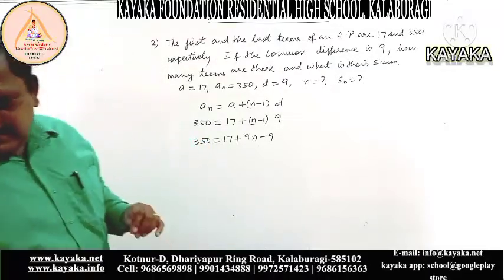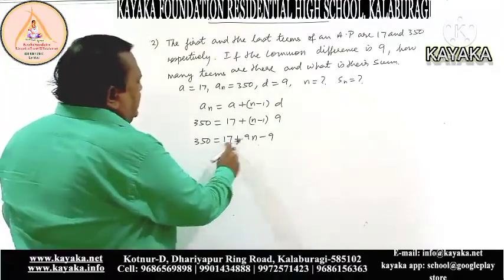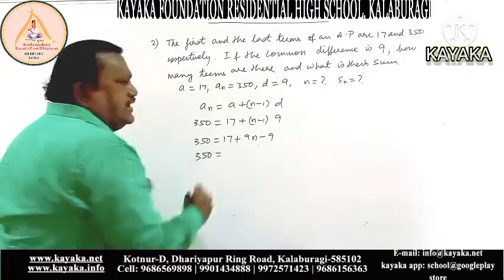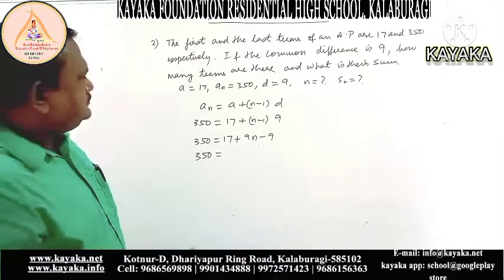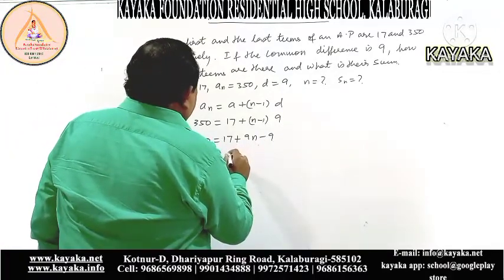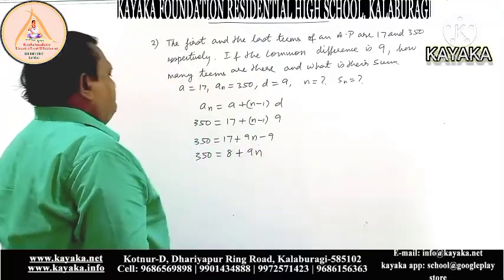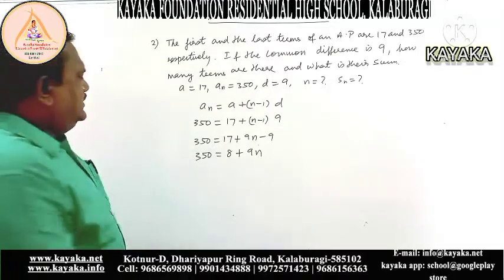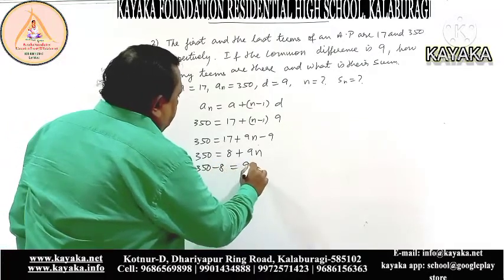Okay. Now, therefore, 17 minus 9, you will get it as 8. So 350 will be equal to 8 plus 9n. Bring this 8 to this side, you will get 350 minus 8 will be equal to 9n.